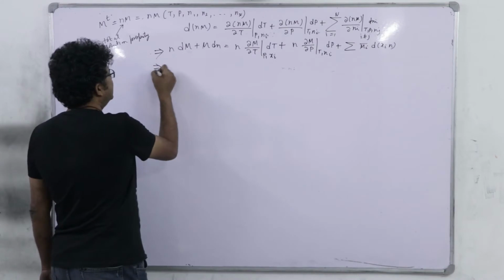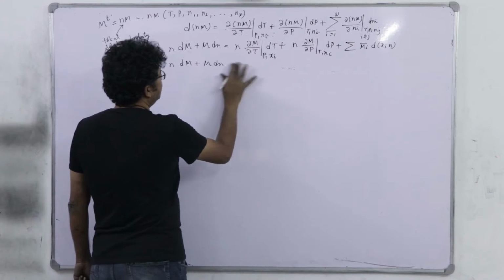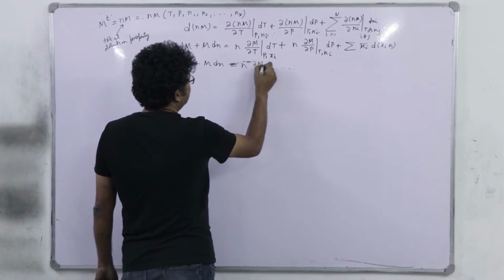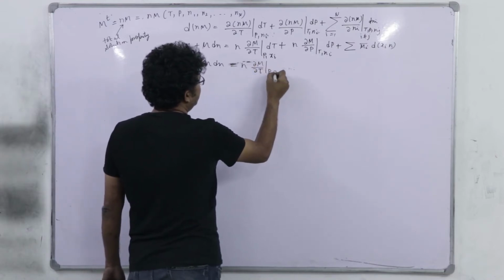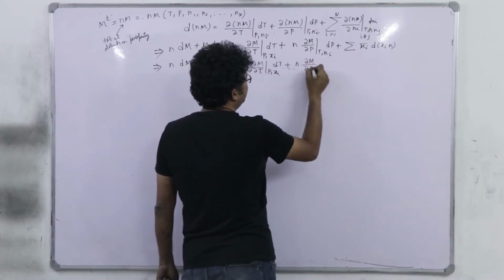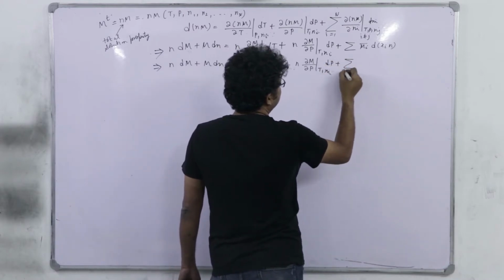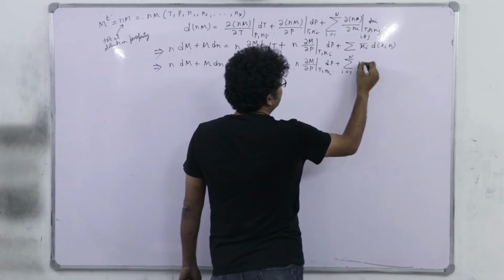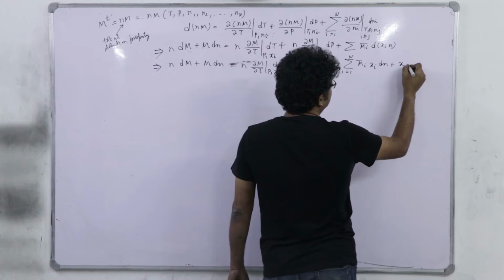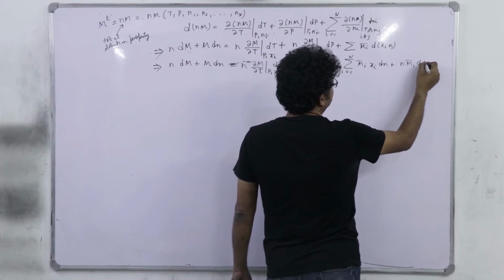So further we can write this as n (∂M/∂T) at constant P, xi dT plus n (∂M/∂P) at constant T, xi dP plus summation i equal to 1 to n Mi bar xi dn plus n Mi bar dxi.